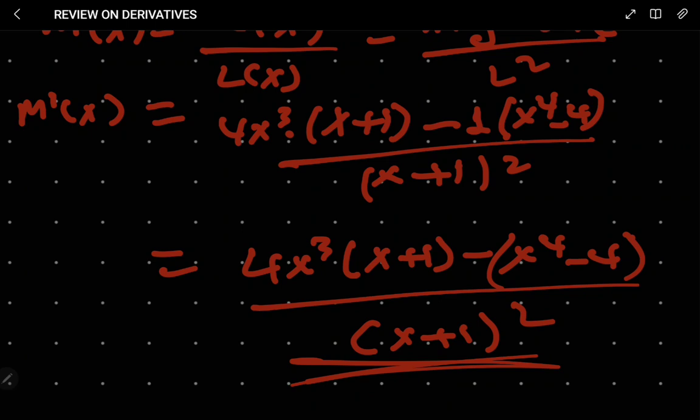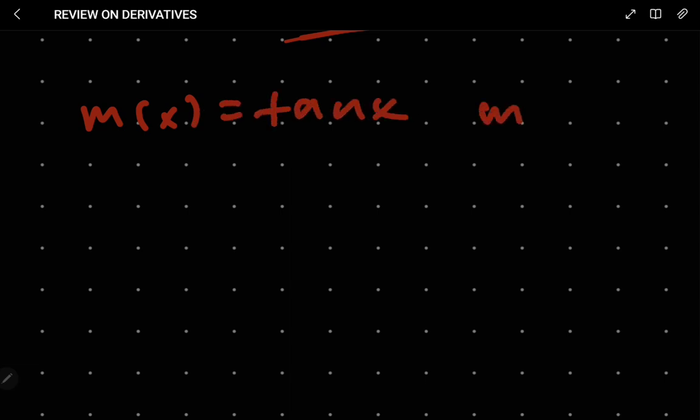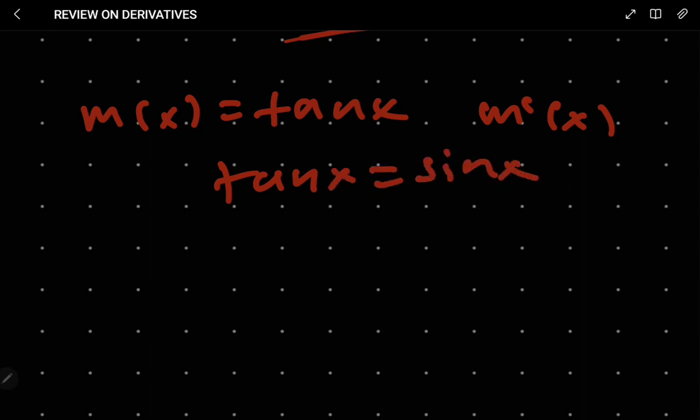You apply the quotient rule here. How do you do this one? If m of x is tan x, what is the derivative of m of x? This looks like it's not a quotient function, but tan x is defined from your trigonometry as sine x over cos x. So this is a quotient function.